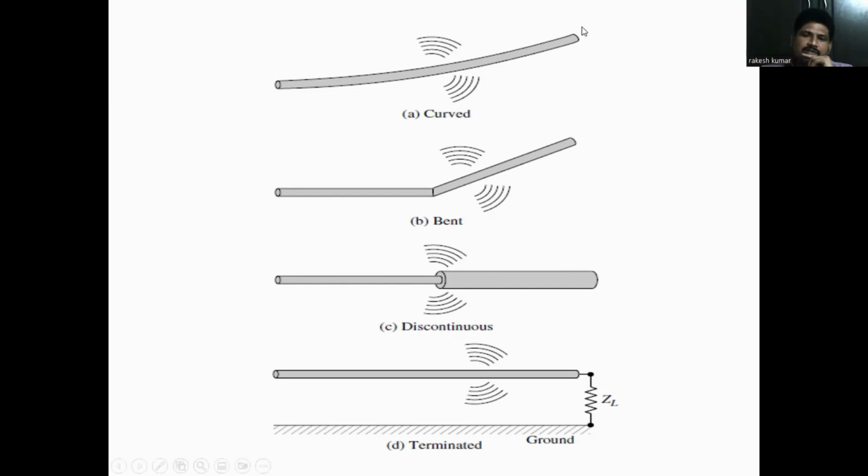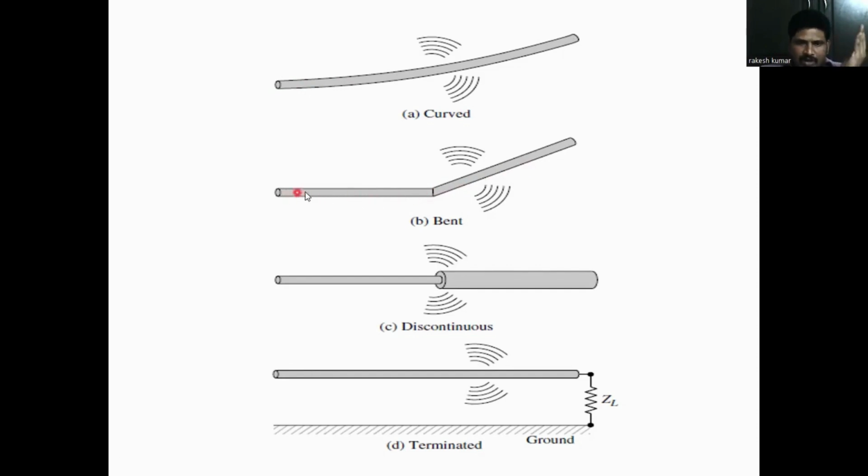If the wire is curved, for example, let us see here, up to here, the waves will come like this with the uniform velocity. Okay, after that, here there is a small bend. Let us consider up to here the waves are coming with the uniform velocity. Since there is a bend, there is a change in acceleration of the charge carriers, means there may be an increment in the charge carriers' velocity or a decrement.